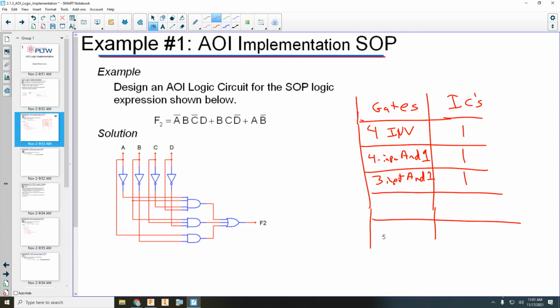And then we have a 2-input AND. And we only have one of those. And so that's going to take a separate IC. And then we have one 3-input OR.